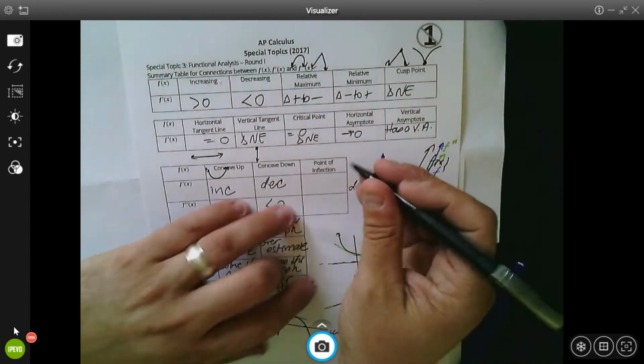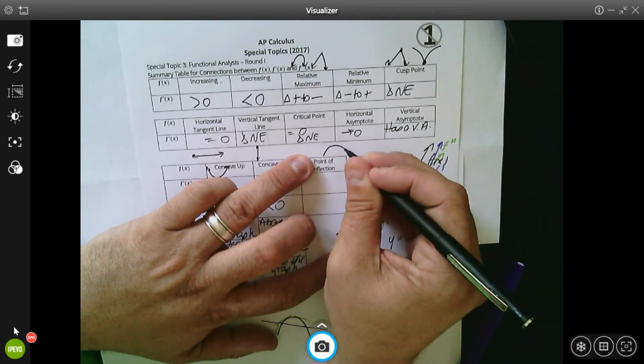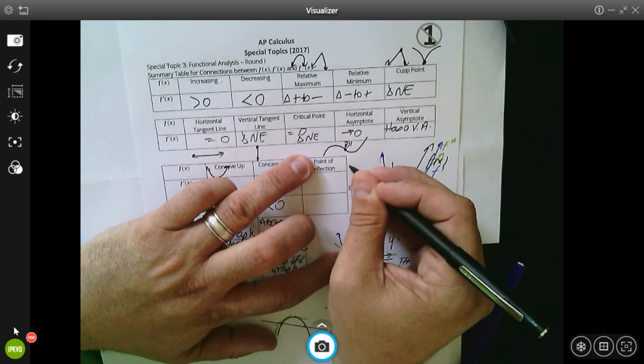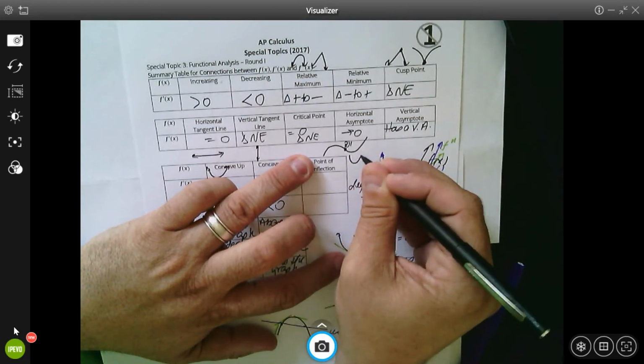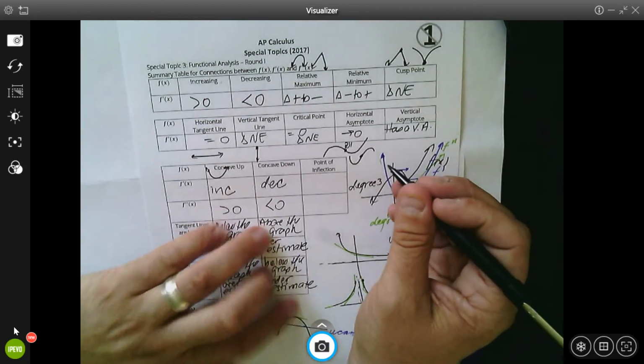A point of inflection is where your graph changes its concavity, maybe from concave down to concave up. There's your point of inflection. Or from concave up to concave down. There's your point of inflection.